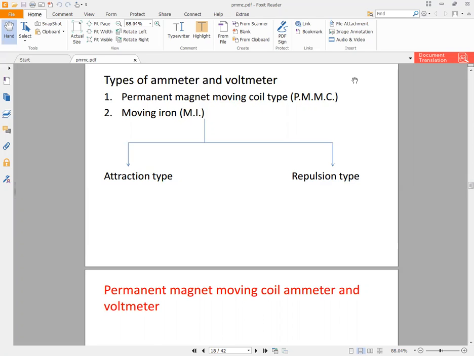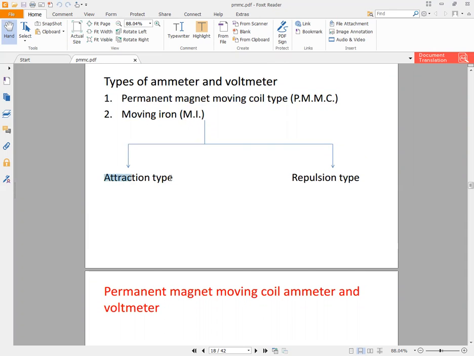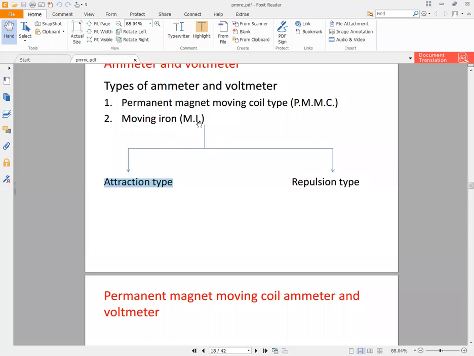So the ammeter and voltmeters are classified like the moving coil and moving iron instrument. Next, these moving iron instruments are classified into two types. The first one is the attraction type and the second one is the repulsion type moving iron instrument.